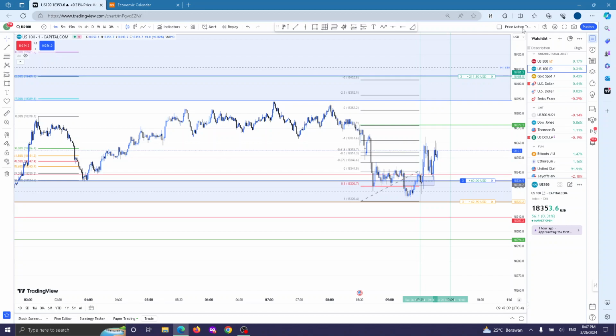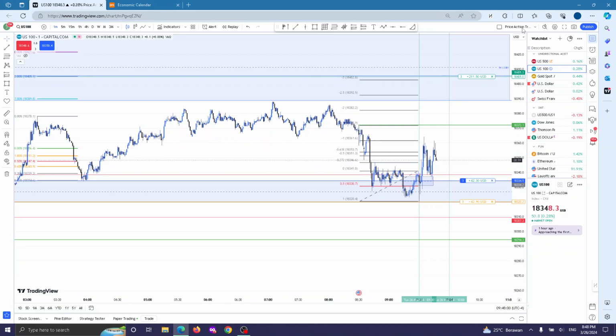It offered me 2.5 risk to reward. But as you can see here, if we were to play on the 1 minute chart the unicorn reversal pattern and not the continuation, we played the continuation on the higher time frame, 15 minute and 1 hour. But this one here on the 1 minute chart is the unicorn model, market maker buy model reversal play, which offers really good risk reward.